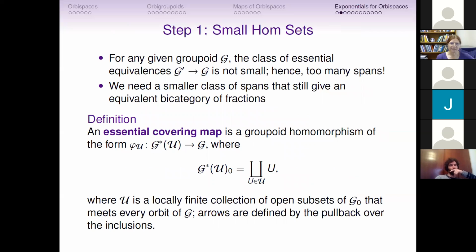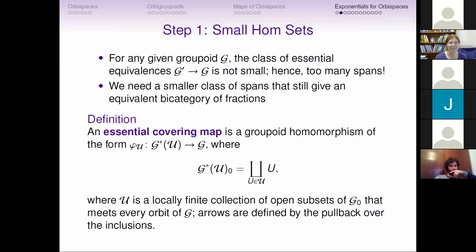Well, step one, which is actually perhaps step 0, is that because you're dealing with these spans and the class of essential equivalences is very, very large, it's not small, you have a lot of spans. So the very first thing you have to do is cut it down to something so that you have a set that you can actually start to topologize.